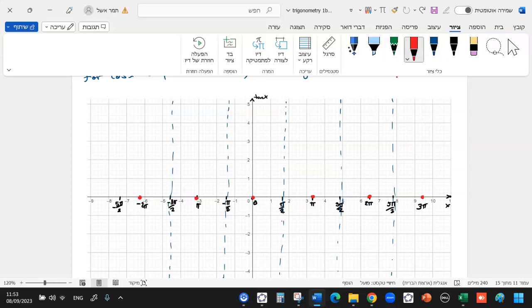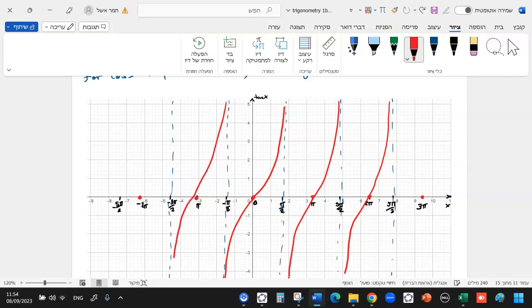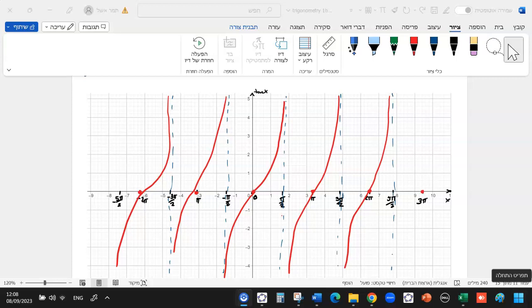Let's try and sketch the graph. For example, we can start here and go up to infinity here and down to minus infinity here. This is one cycle of tangent. We can do the same to the next one and go on and on. Here is the tangent graph.